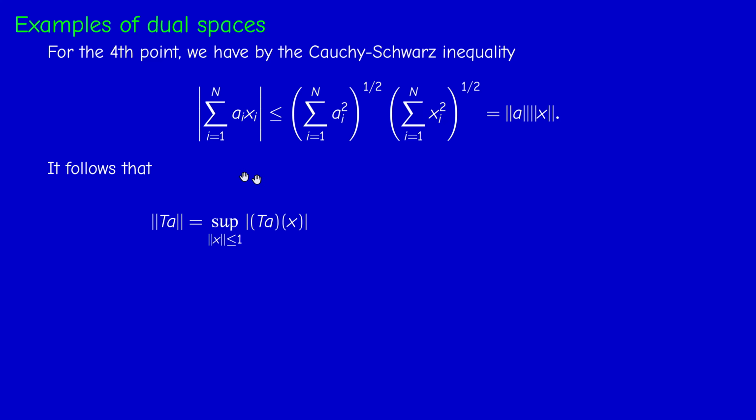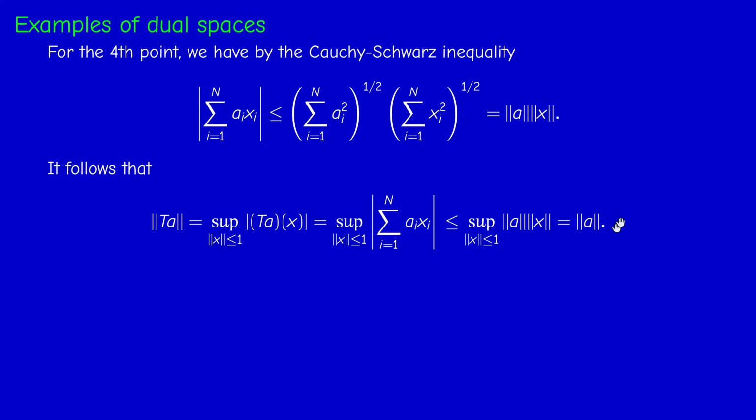And therefore, what this means is that in absolute value, T_A of X is less than norm A times norm X. So the supremum over the unit ball is less than the supremum of norm A times norm X, which is just norm A. So we get already one half of the equality. So the norm of T_A is less than or equal to norm A.